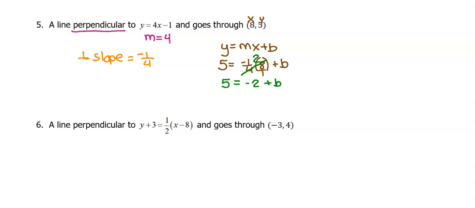Multiplying by a fraction of 1/4 is the same thing as dividing by 4. So 8 divided by that -4 is going to be -2. Now I'm going to add the 2. And I get 7 equals my b value. So now that I have my 2 pieces of information there, I'm going to write the equation y equals -1/4 x plus 7.